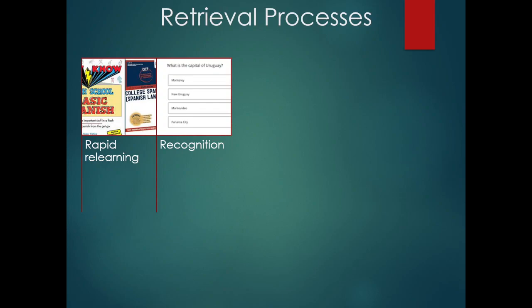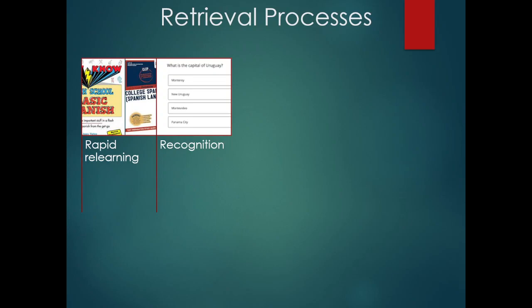Another way to test what's in your memory is to give you recognition tests. So, a multiple choice test would be an example of a recognition test. This one says, what is the capital of Uruguay? And you're supposed to recognize from the list of choices which one is the capital of Uruguay. So, presumably, this would happen in a class where you would have a reasonable expectation of knowing what that is, or you're from Uruguay.